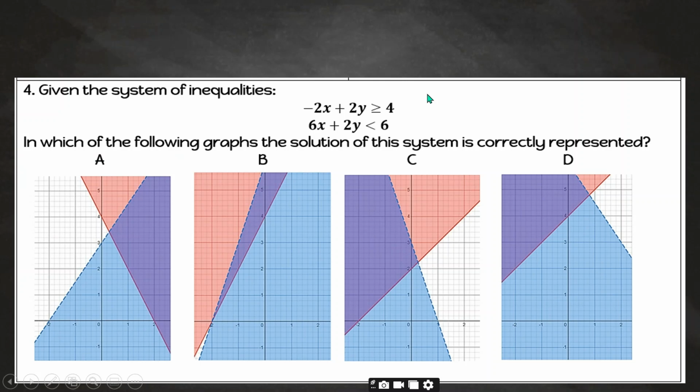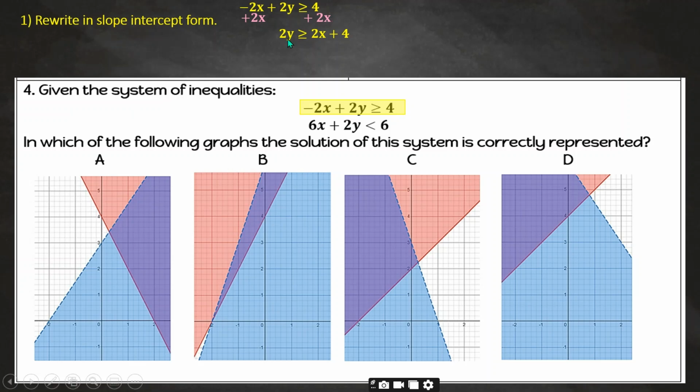But today in this video, we're going to rewrite this equation, -2x plus 2y is greater than or equal to 4. We're going to rewrite that equation in slope-intercept form. So if I have -2x plus 2y is greater than or equal to 4, I have to add 2x to both sides in order to move that variable x to the other side of the inequality.